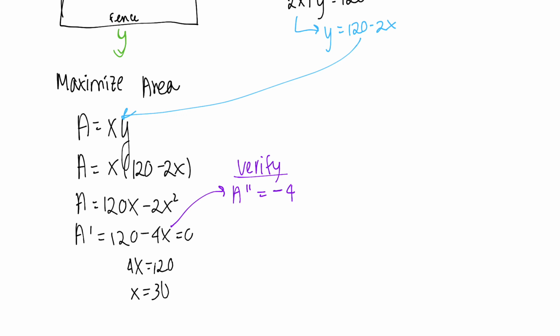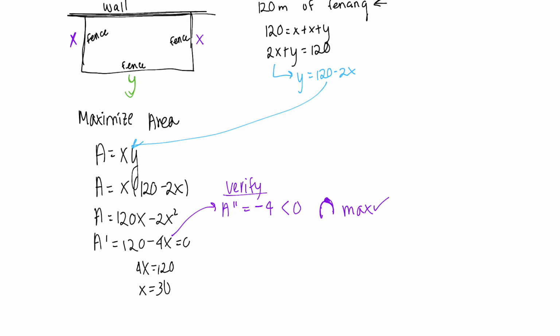Okay, so a double prime is -4, which is less than 0. So we are concave down, which is a max. So that means x is equal to 30. Y is equal to 120 minus 2 times x, minus 2 times 30, which will give you 60.